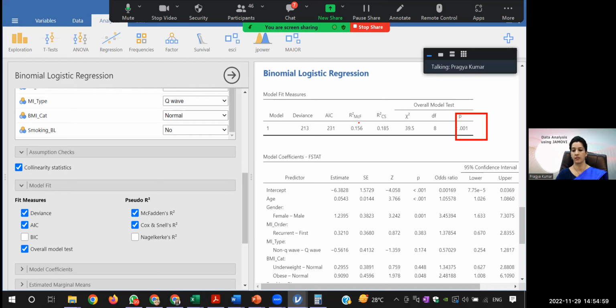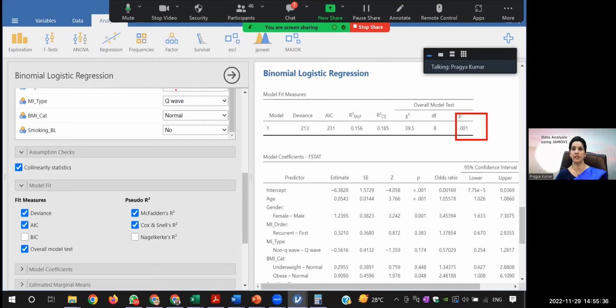We can say that 18% or 15% of the variation in the death of the individual is explained by these variables which I have taken. This is the meaning of the R square. And there are 2 other fit measures, the deviance and the Akaike information criterion, AIC. But most of the time we use the overall model fit and the R square statistics.